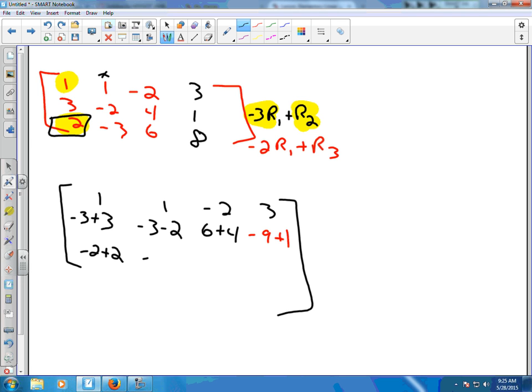So negative 2 times 1 plus negative 3. Negative 2 times negative 2 plus 6. Negative 2 times 3 plus 8. So that was negative 2 times the first row and then added to the third row. So we did that for each column.